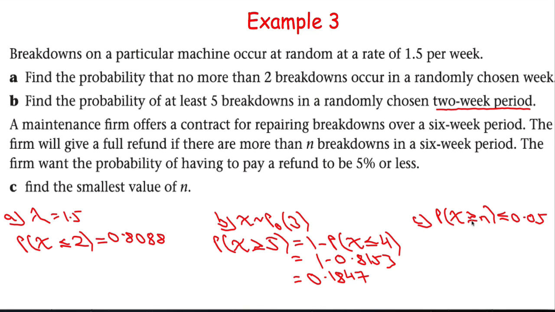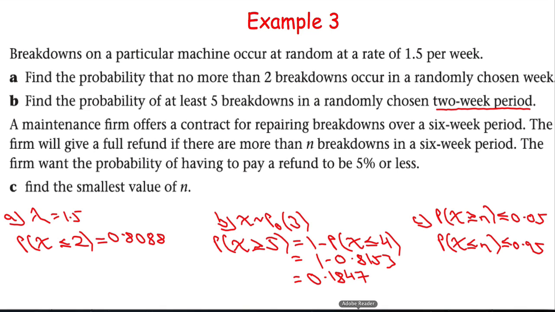Now, remember our tables do less than or equal to, so if more than n has got to be less than or equal to 0.05, that means the probability that x is less than or equal to n must be at least 0.95. It's got to be 95%.